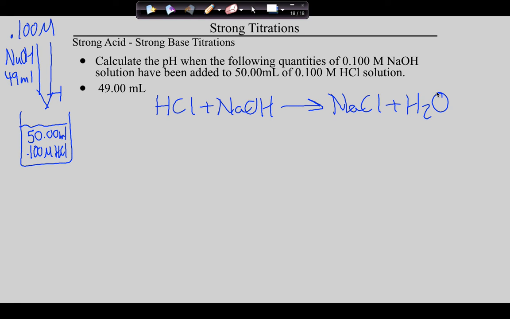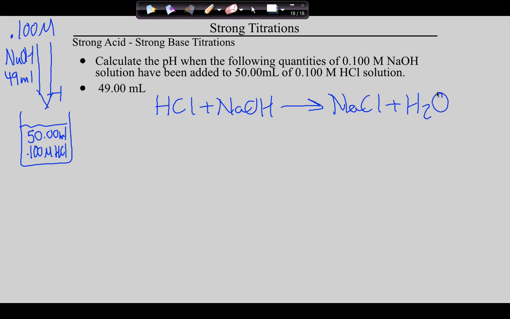We have got 50 milliliters of HCl, 49 milliliters of equal molar sodium hydroxide. So we're going to have some HCl that hasn't been consumed yet. That will determine the pH of the solution. But remember, this is not an equilibrium, so it has to be in moles. So guys, this is the easiest way to solve these problems. Will there be more moles of acid or will there be more moles of base?